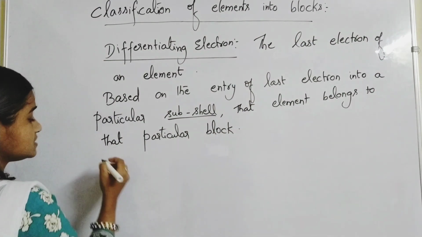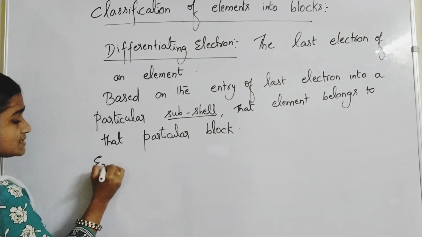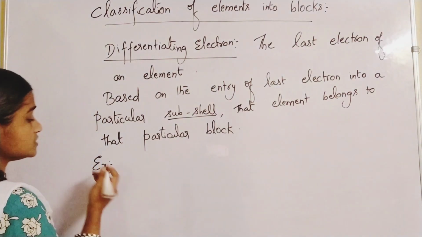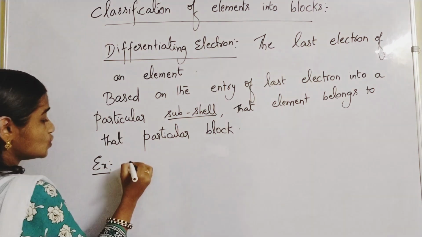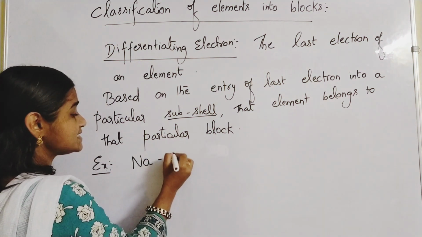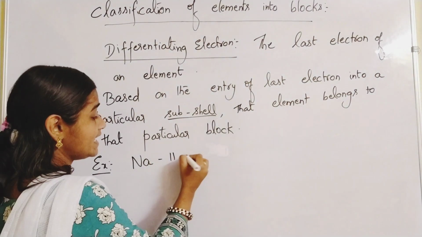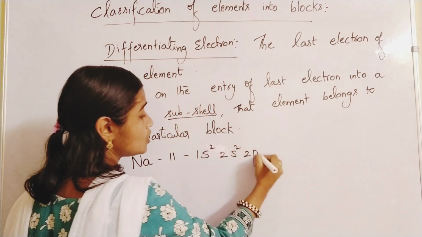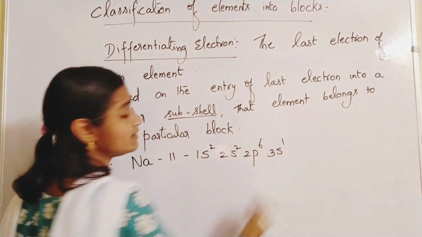Suppose let us take some examples. If you take sodium, Na, its atomic number is 11 and its electronic configuration we write as 1s2, 2s2, 2p6, 3s1.